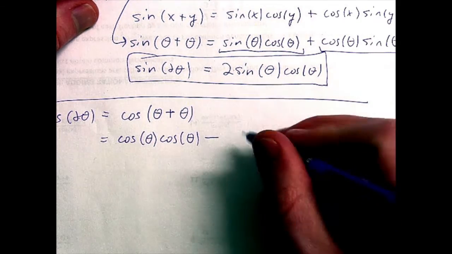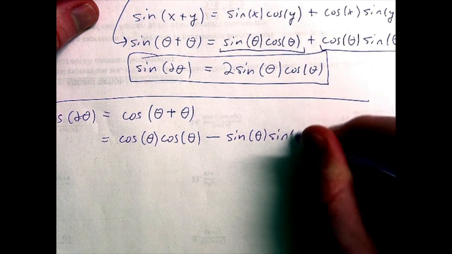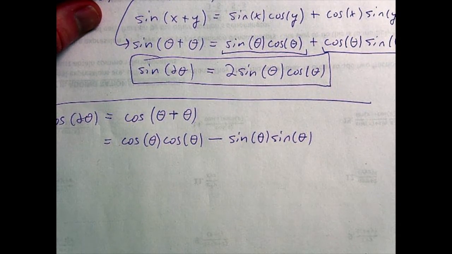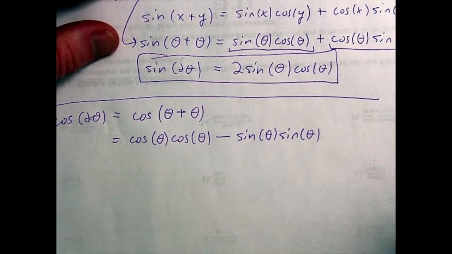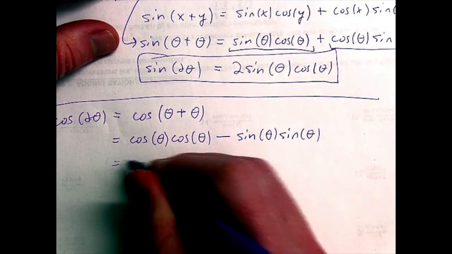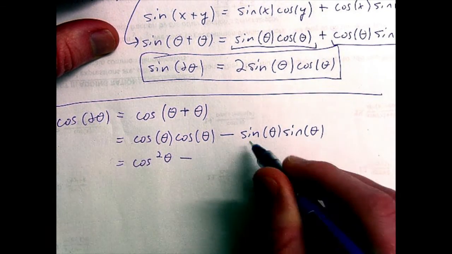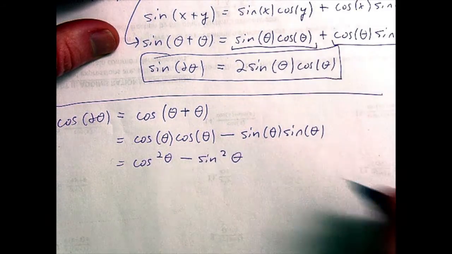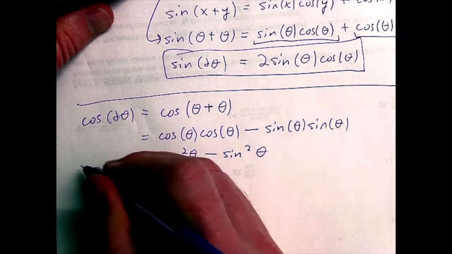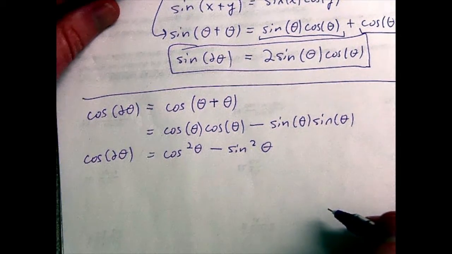But again, both of these angles are the same. They're both theta in this case. So applying the angle sum formula for cosine, you get this, which of course can be simplified, right? Cosine theta times cosine theta is just cosine squared theta, minus sine theta times sine theta, that's just sine squared theta. So that is certainly a formula for cosine 2 theta.